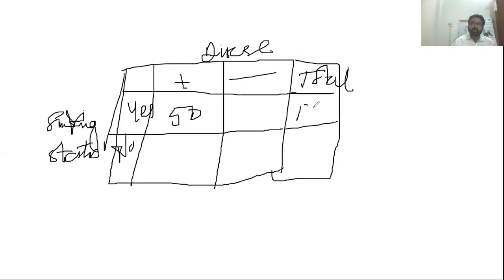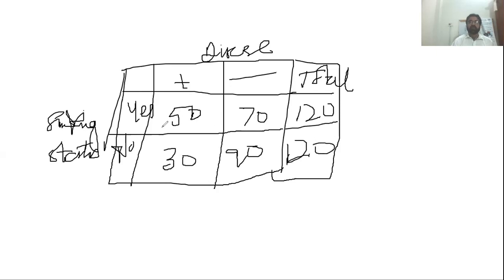Out of 120 people who were smokers, 50 developed the disease and 70 did not develop the disease. And in non-smokers, 30 developed the disease and 90 did not develop the disease. They were also 120.